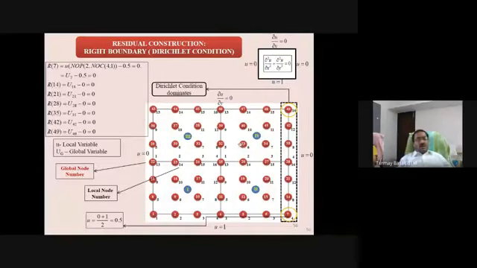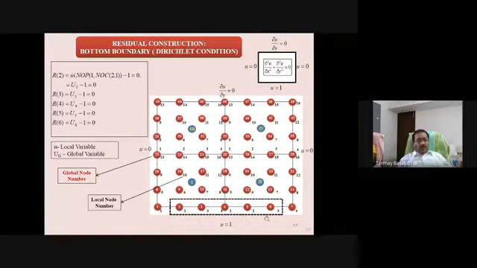Similarly, for the right side, it is also 0 except this corner node. And you see the residuals here; all these points will be 0.